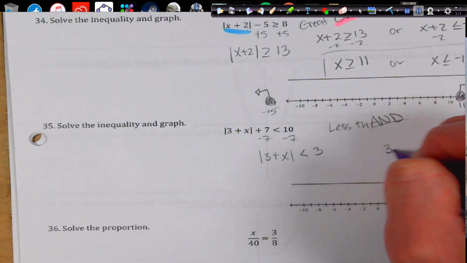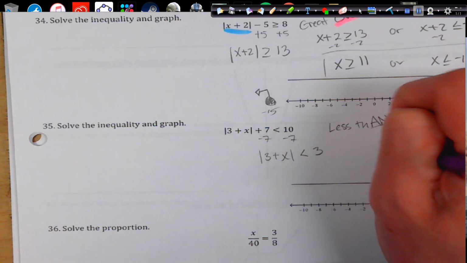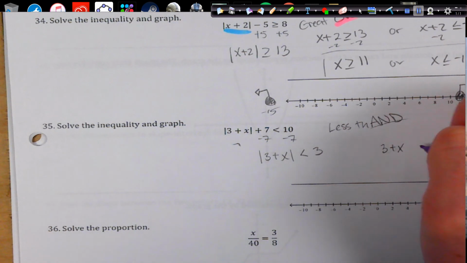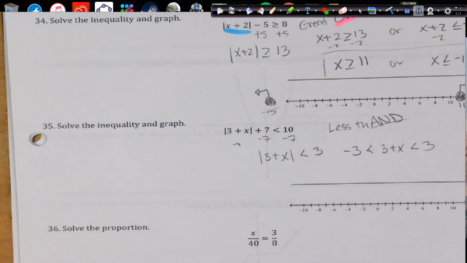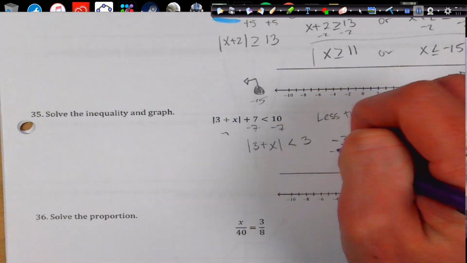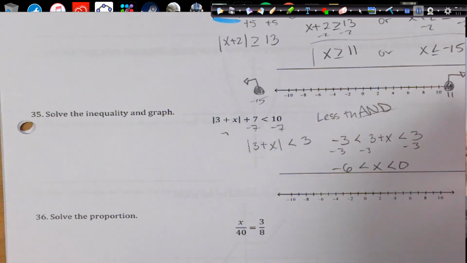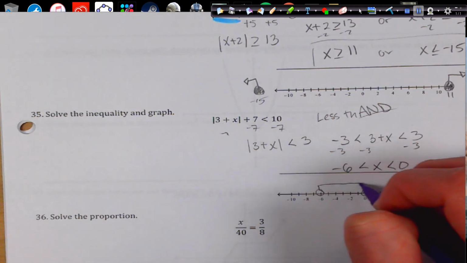Basically, for an and problem, we just do 3 plus x. The 3's over here, but I'm going to put another one over here with a negative 3. So it turns into an and problem instantly. We subtract 3 from both sides. This becomes negative 6 and 0. So I go from 0 open circle, negative 6 open circle, and we're looking at the inside.